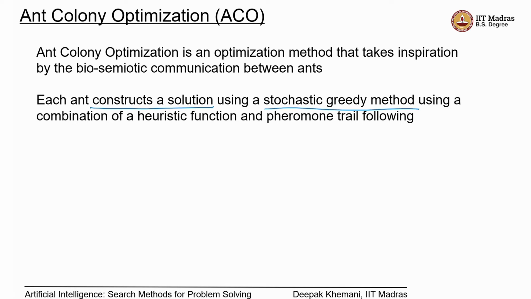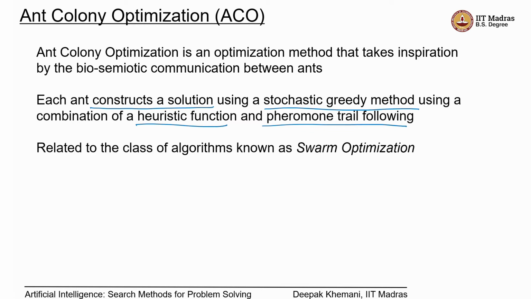What is a stochastic greedy method? Basically, try to follow the pheromone trail to a large extent, probabilistically, using a combination of a heuristic function and pheromone trail for following. So, since we are solving a particular problem, we will use a combination of both of these and construct these solutions.